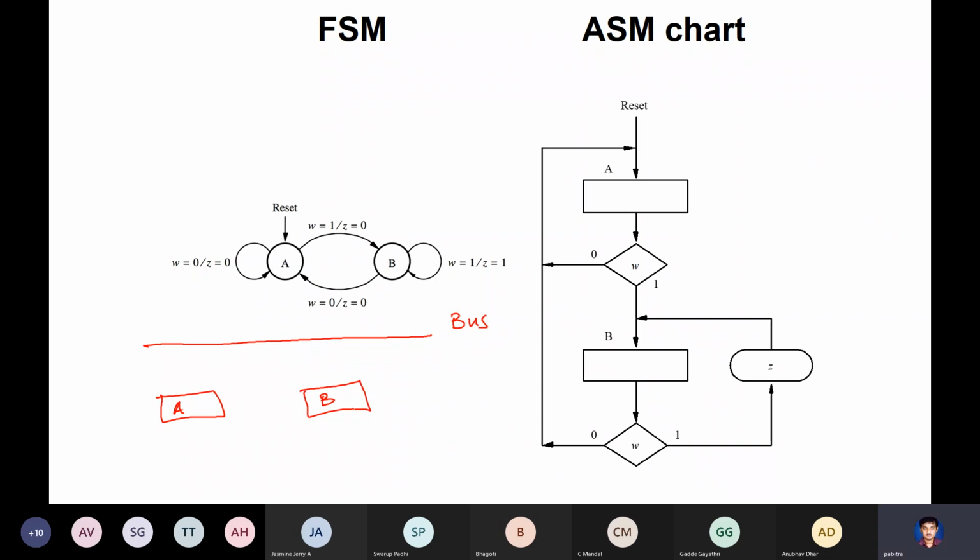Okay, what are the functions I need in the data path?